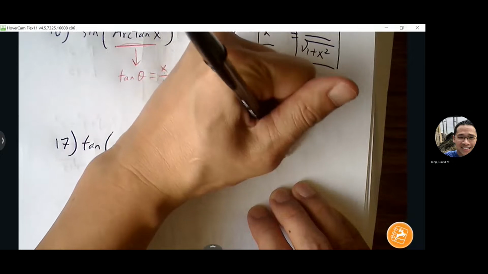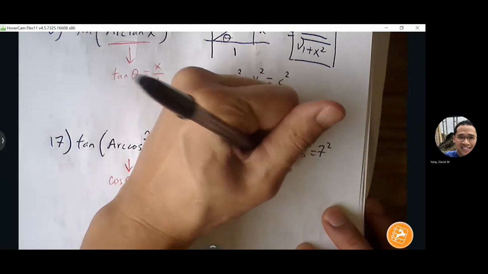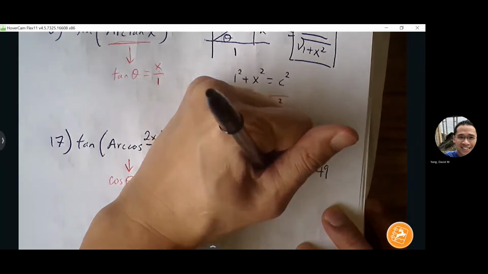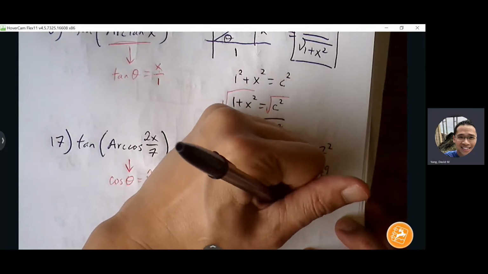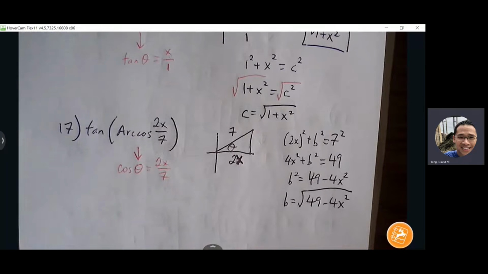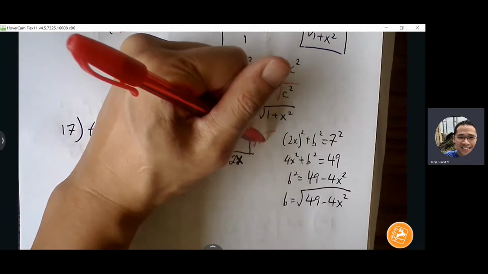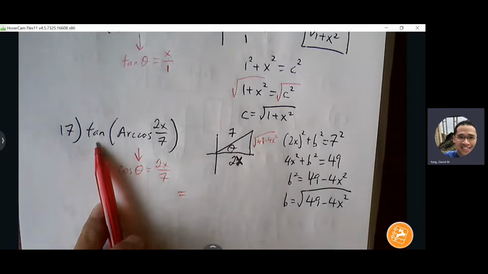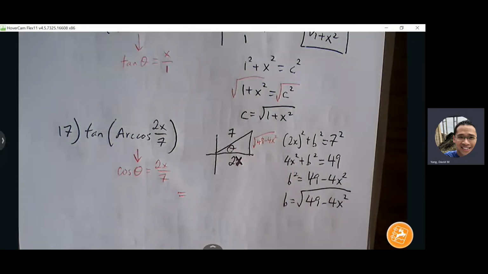Okay. Tangent is just going to be opposite over adjacent. So just put them over each other and we're done.